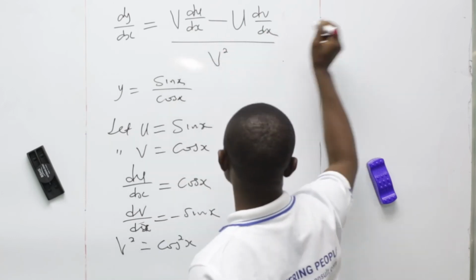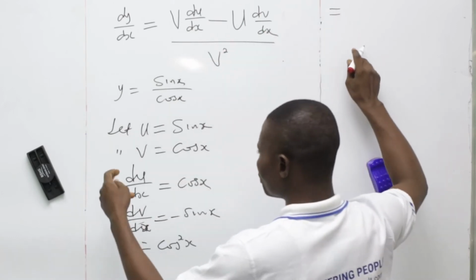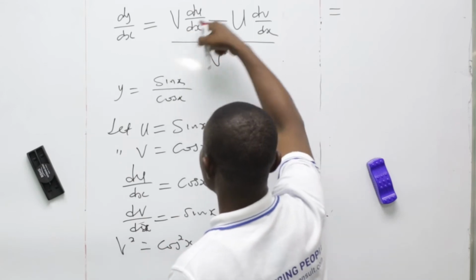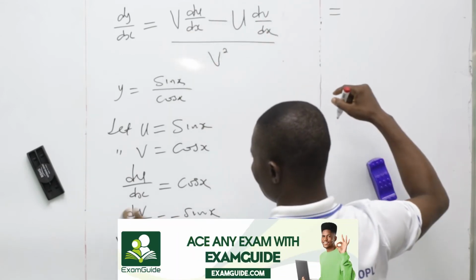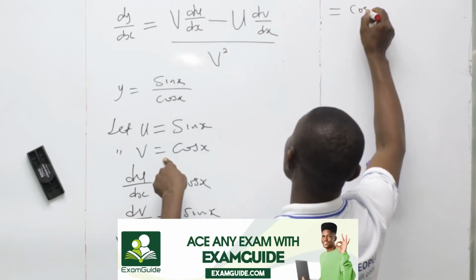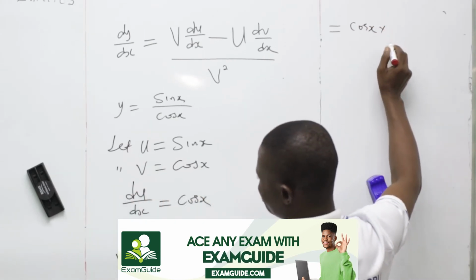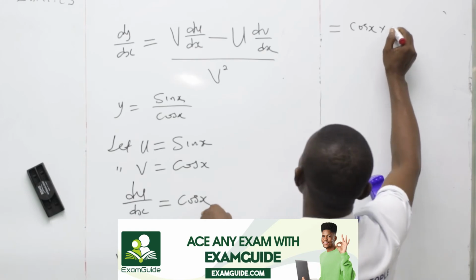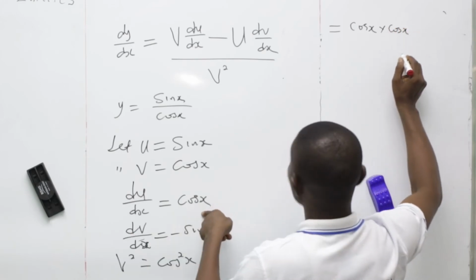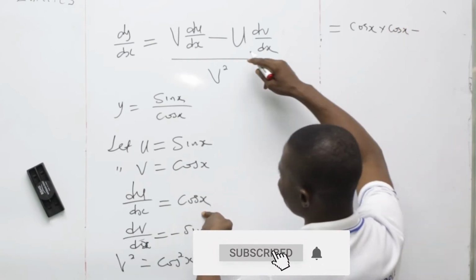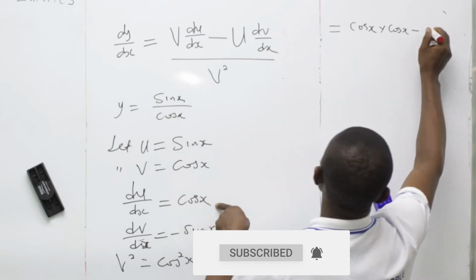Now we want to substitute to get our solution. We'll have that v du/dx all over the x. What is our v? v is who? Cos x, okay? Times du/dx, which is cos x, minus u. What is our u?